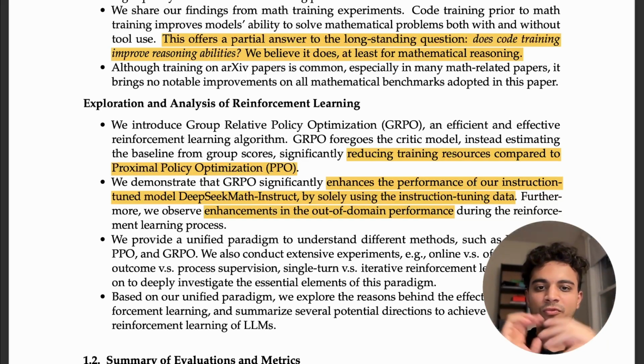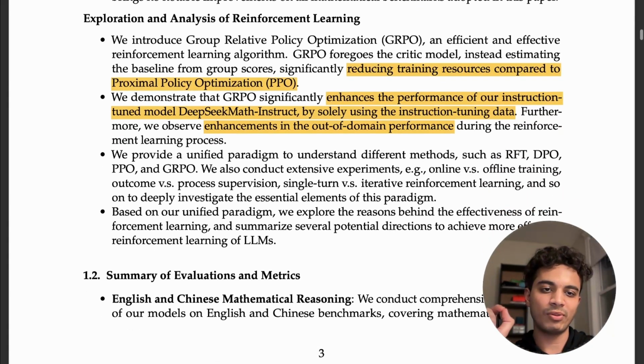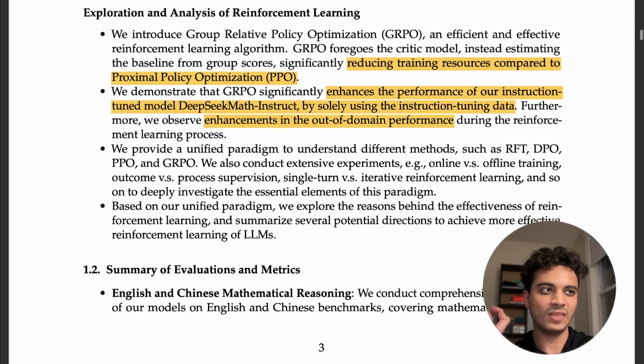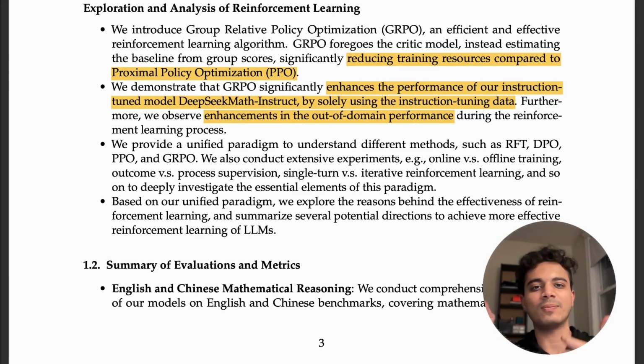So what it does is it enhances the performance of your instruction tuned model, DeepSeekMath Instruct, by solely using instruction tuning data. And we observe enhancements in out of the domain performance, which is not something that we can take for granted.